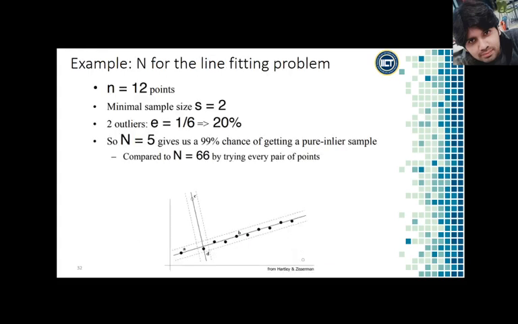So let's see an example for this. Let's say we have a minimal sample size of S equals 2. We assume that the proportion of outliers is 2 out of 12, so this will be 1 divided by 6, approximately 20%.